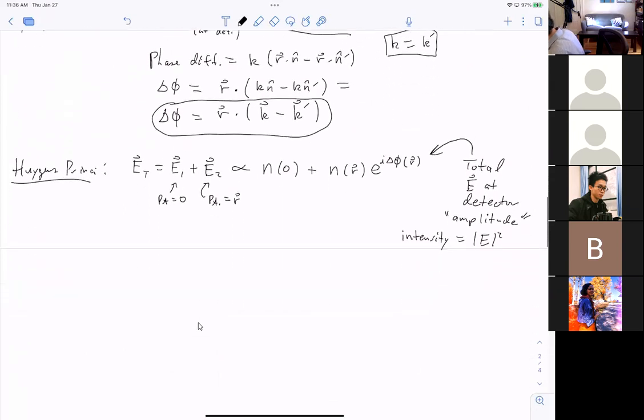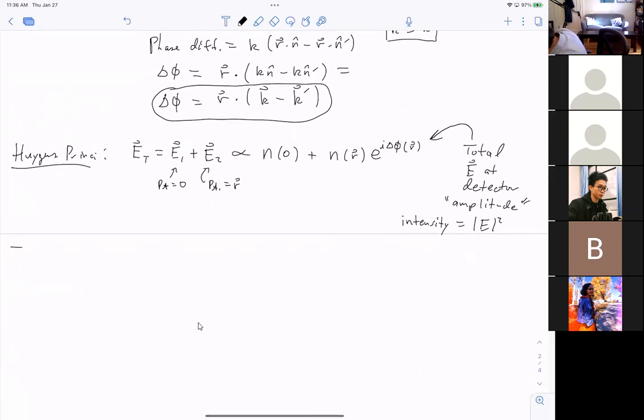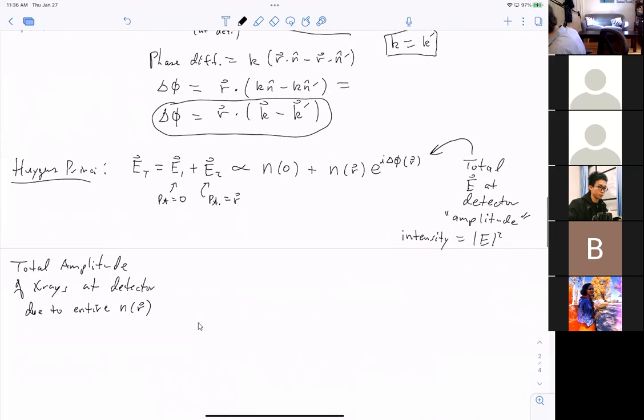And so now I can say the total amplitude of X-rays at the detector due to the entire N of R, I just have to add them all up.